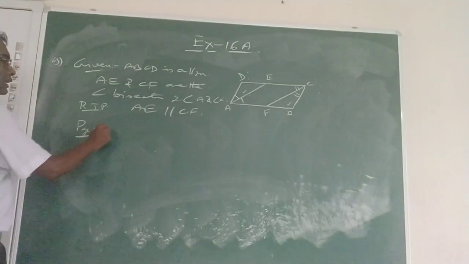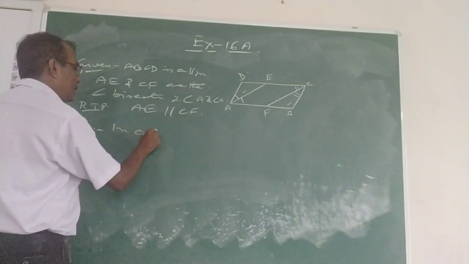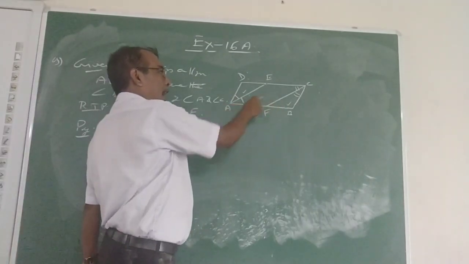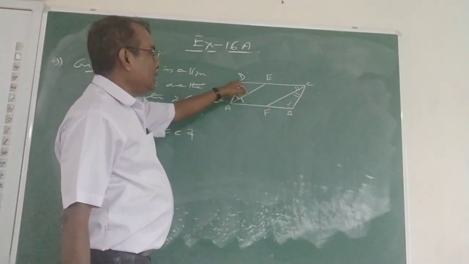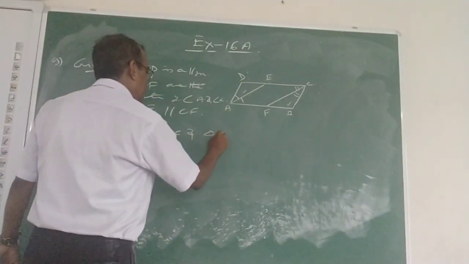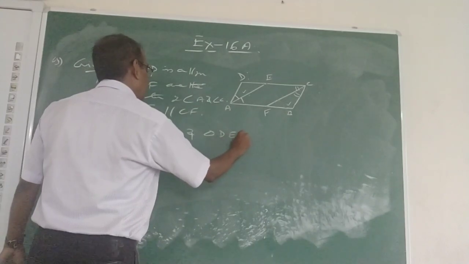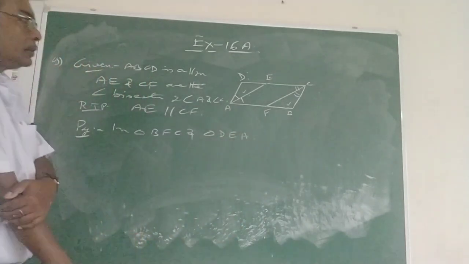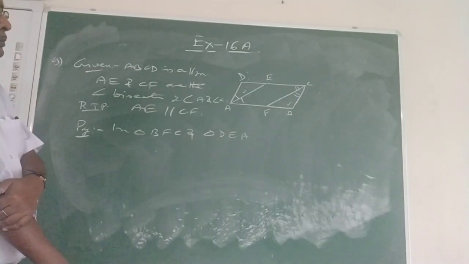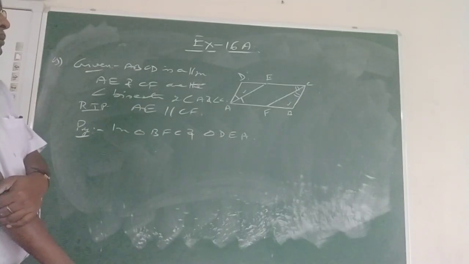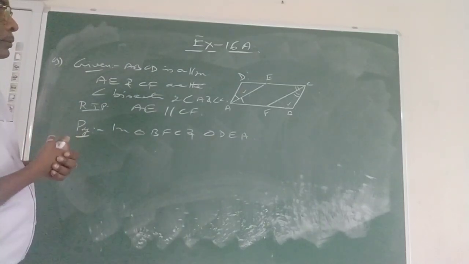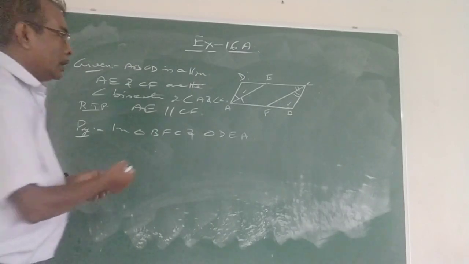So, in triangle BFC, which I consider first, and triangle DEA. What will happen in these two triangles?